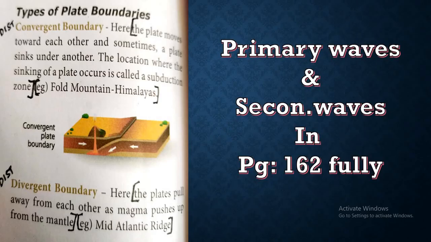The second distinguish, convergent boundary and divergent boundary, has been given over here. Primary waves and secondary waves are in page 162. So write the full paragraph of primary waves with 3 points, and secondary waves with 3 points.